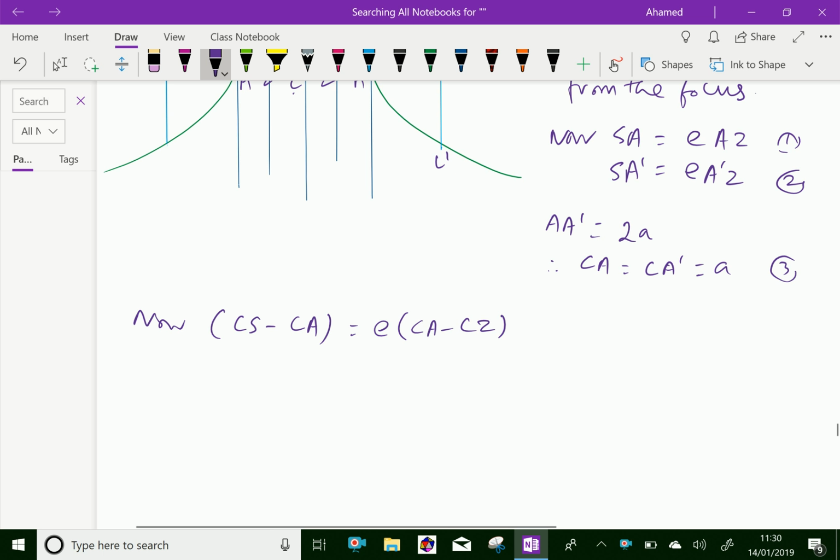And also CS plus CA dash equals e into CZ plus CA dash.